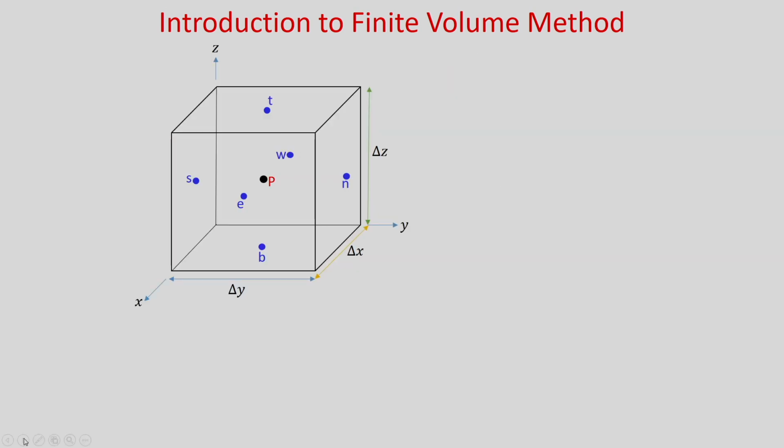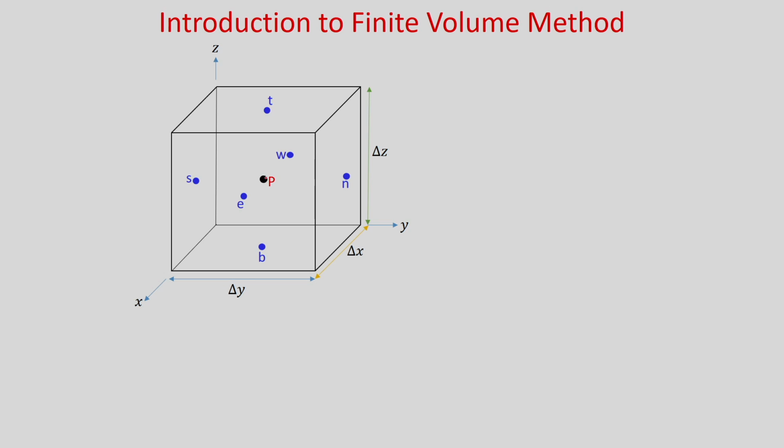Now, if you consider the grid in 3 dimensions, you can consider the z direction, and in the z direction the unit vector is k. So you can see this is the main control volume P. This is your x direction, this is your y direction, and this is your z direction. In the x direction, small e is the east face center and this is your west face center.